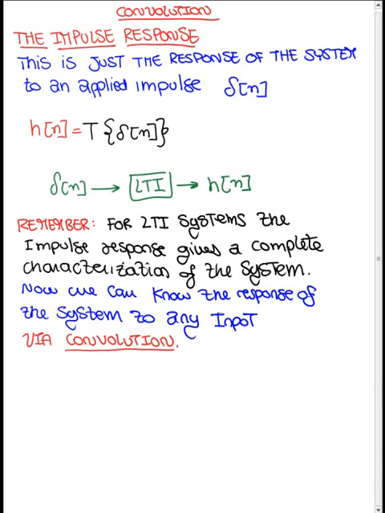Alright, so let's talk a bit about convolution. So, what is convolution? Well, mathematically, what they teach you in class, and don't get scared, as I say, I'm gonna explain this.